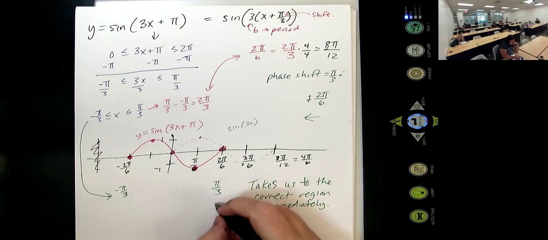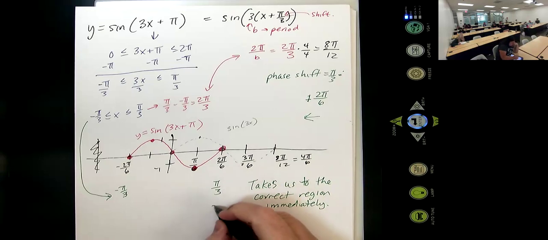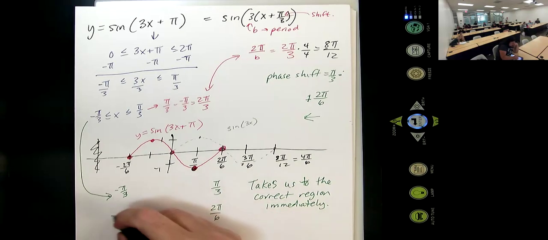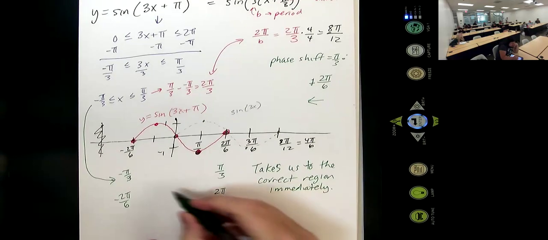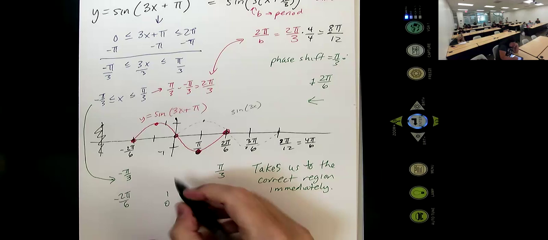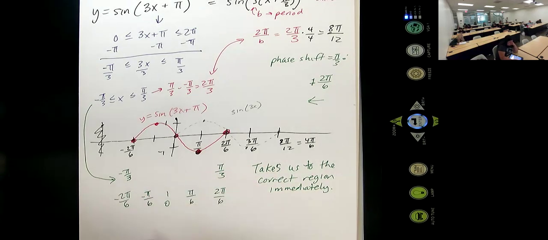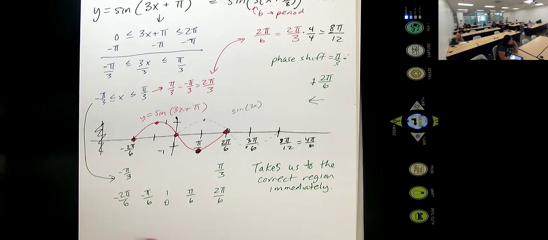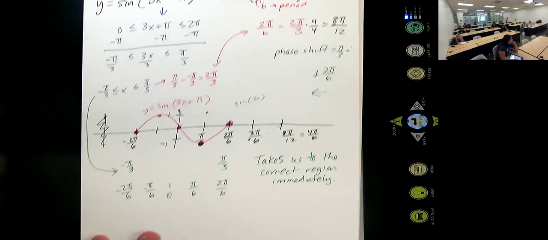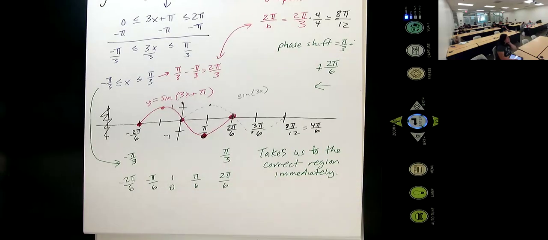If I multiply this by 2/2, I get 2 pi/6 and negative 2 pi/6. I got 0 in the middle. And I can cut those numbers in half kind of easy. And then you do your base graph off of that. So both approaches are just as useful.